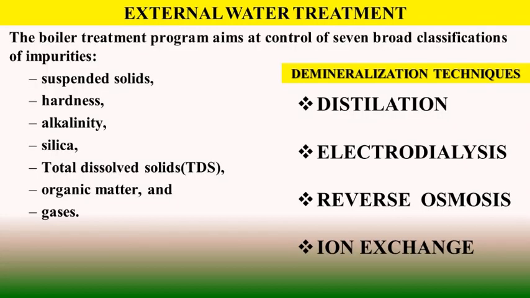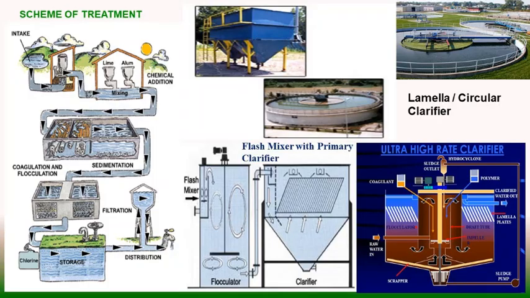The boiler treatment program aims to control seven broadly classified impurities like suspended solids, hardness, alkalinity, silica, total dissolved solids (TDS), organic matter and gases. And we have four major demineralization techniques: distillation, electrodialysis, reverse osmosis and ion exchange.